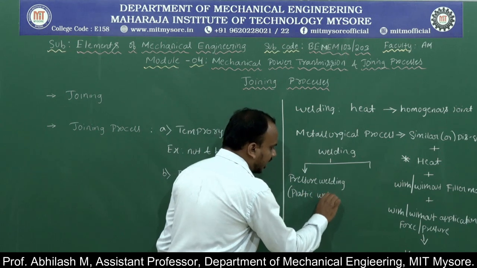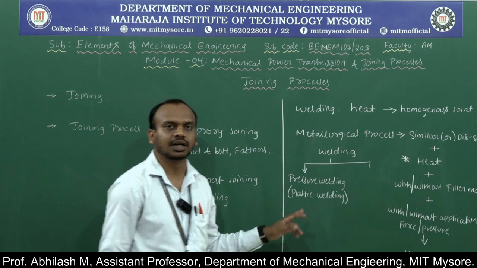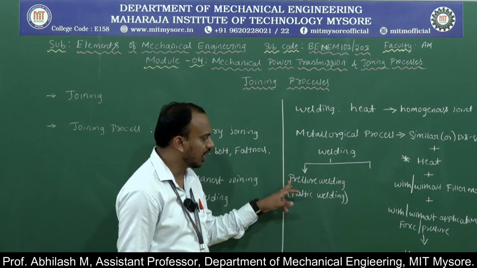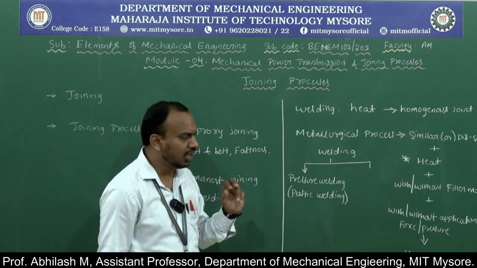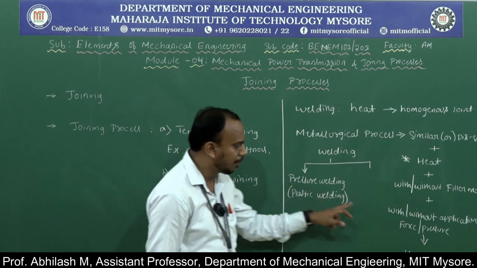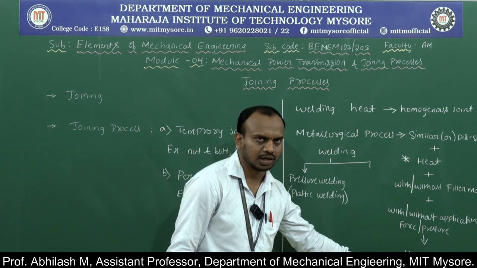We call it either pressure welding or plastic welding. What is this plastic welding or pressure welding? The name itself suggests we are going to apply pressure in order to produce a homogeneous joint.